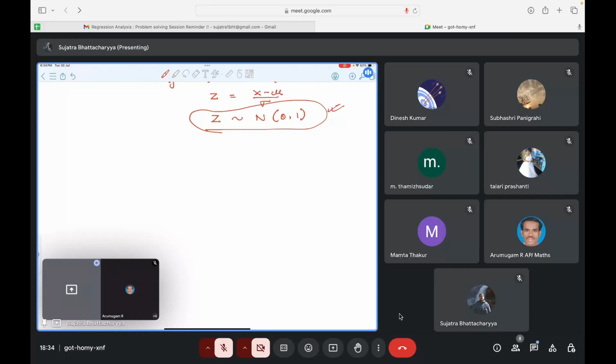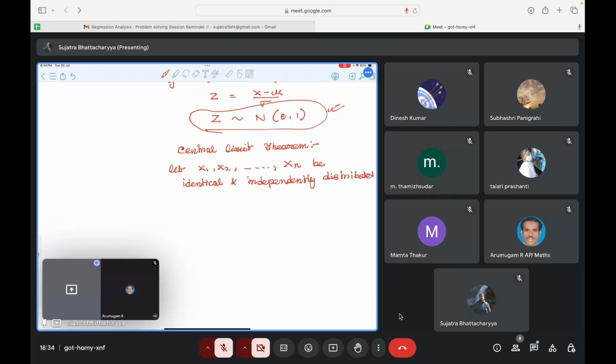Next, what I will do is that very important theorem, which is called the central limit theorem. What does this theorem state? Let x1, x2, and so on up to xn be identical and independently distributed. Identical and independently distributed.